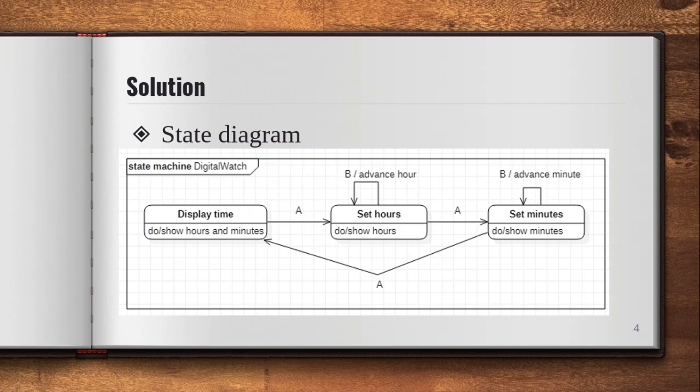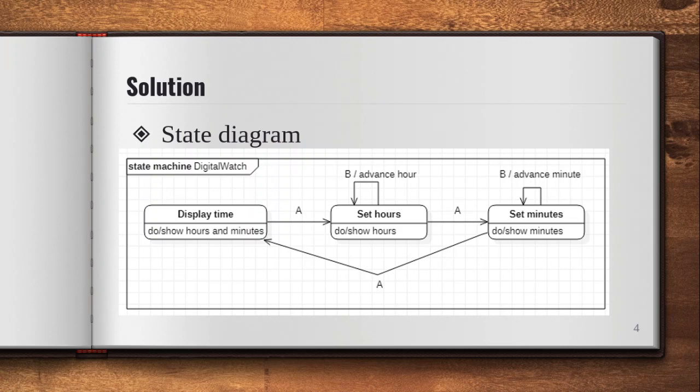Each time it is pressed, the mode advances in the sequence. How do the modes or states occur? They occur in a sequence: first display, then set hours, set minutes, and again from set minutes back to display time. So they have specified the sequence. Within the sub-mode, the B button advances the hours or minutes once each time it is pressed.